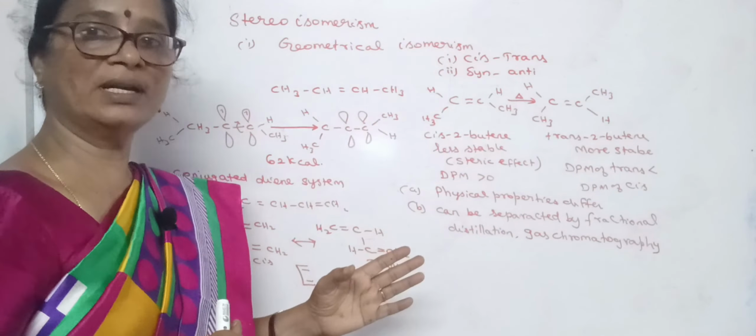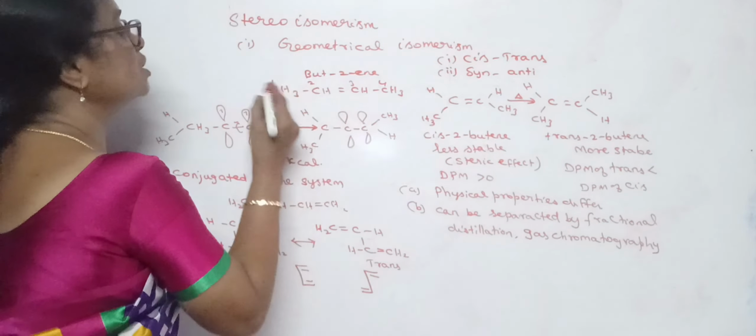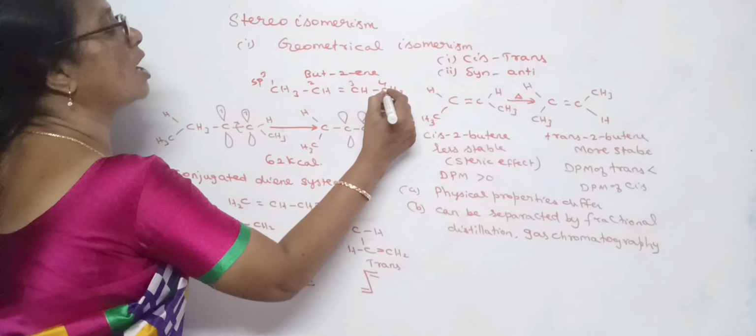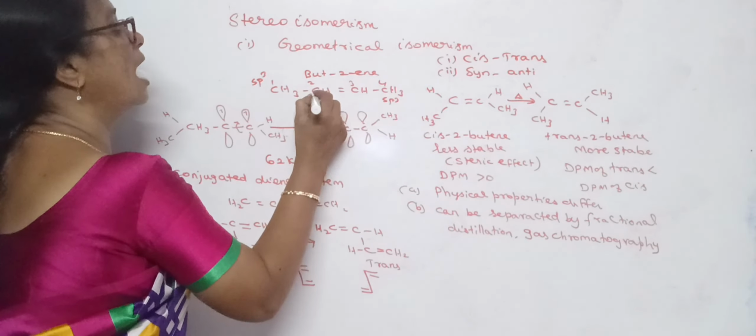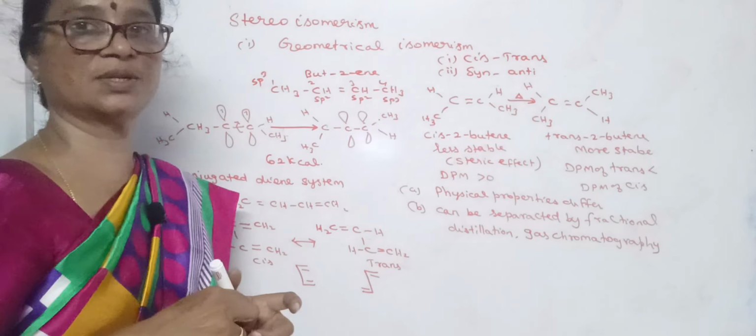So let us take an example of but-2-ene, 1, 2, 3, 4. The second position has the double bond, 4 carbon it has, so the name is but-2-ene. And in this, it has two sp3 hybridized carbon of CH3 and sp2 hybridized carbon of CH double bond CH.